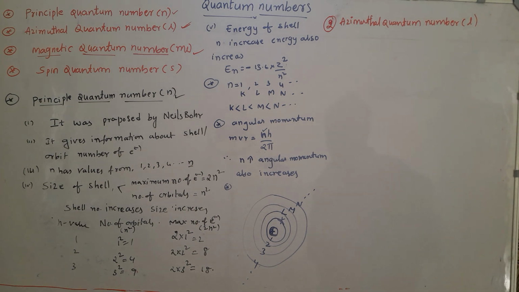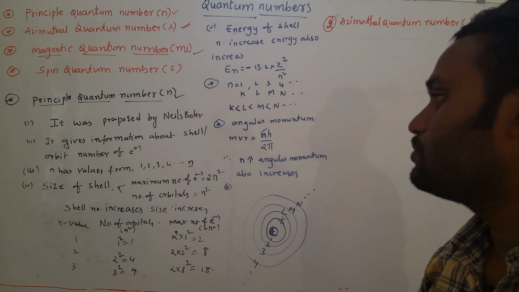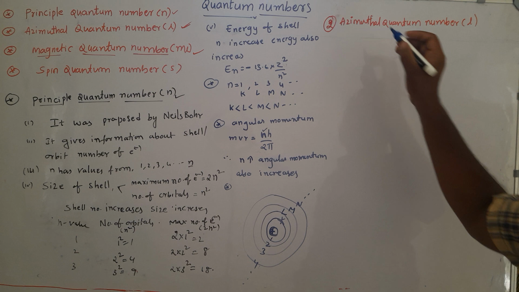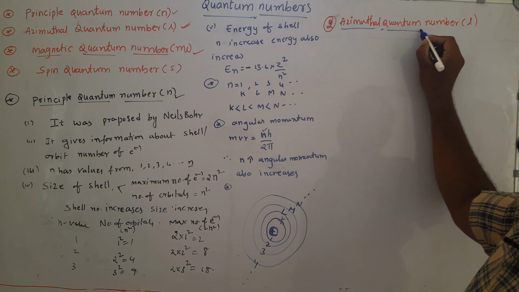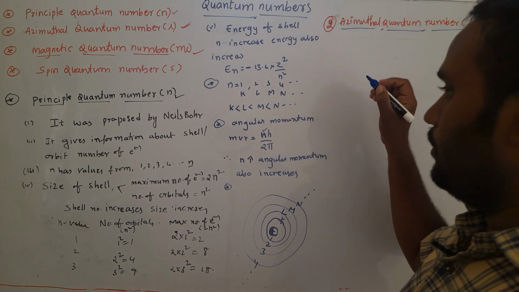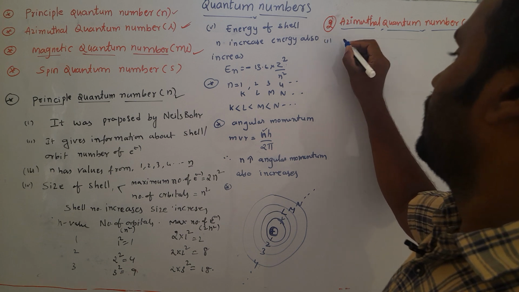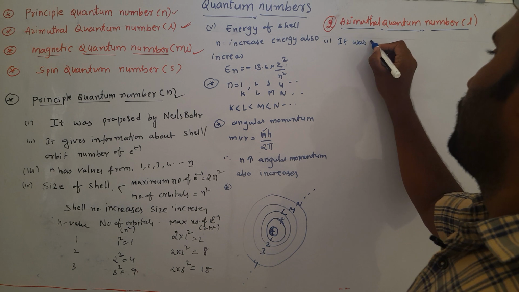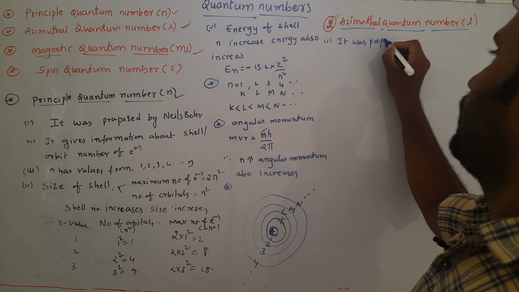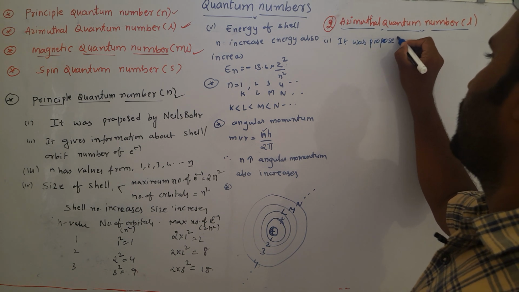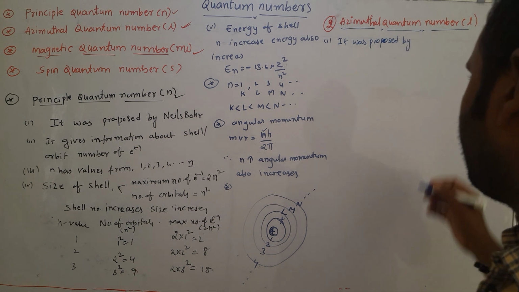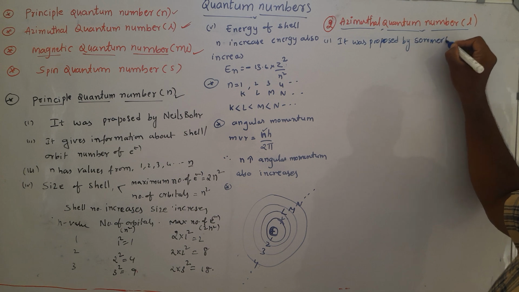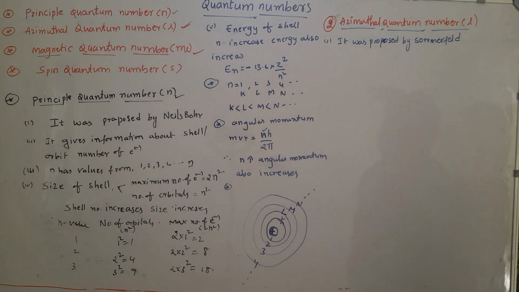It is also called the subshell quantum number. It was proposed by Sommerfeld.